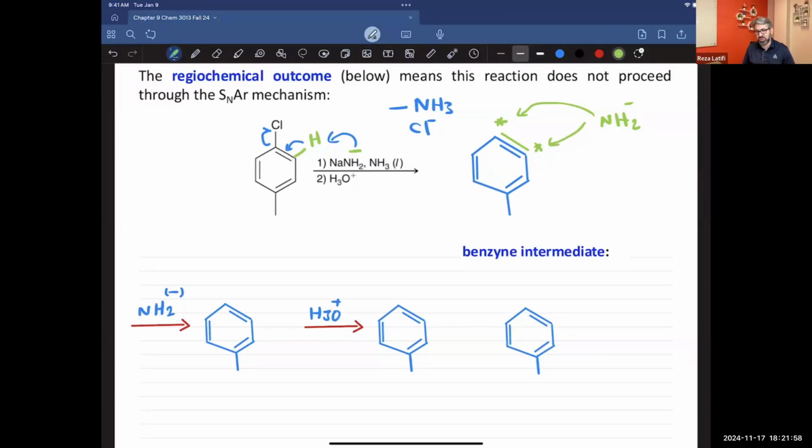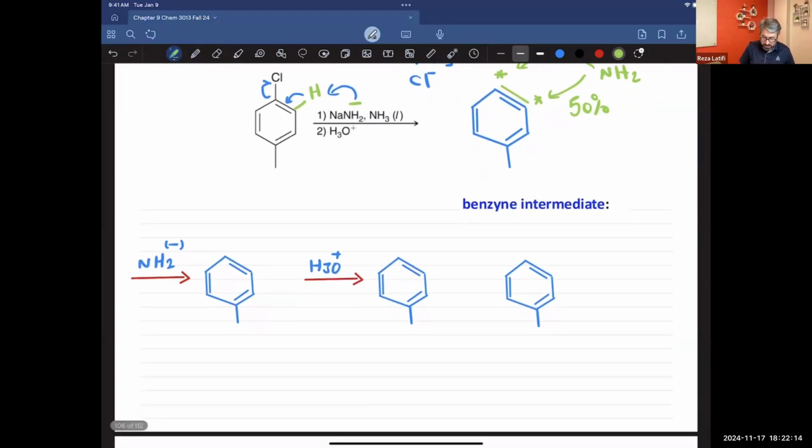Is there any preference here? Not really, because the methyl group is way far from them. So we have 50% chance to reach any of those carbons, because there is not much steric effect here. And if that happens, when I add the NH2 to it, it can be added to this carbon or that carbon.